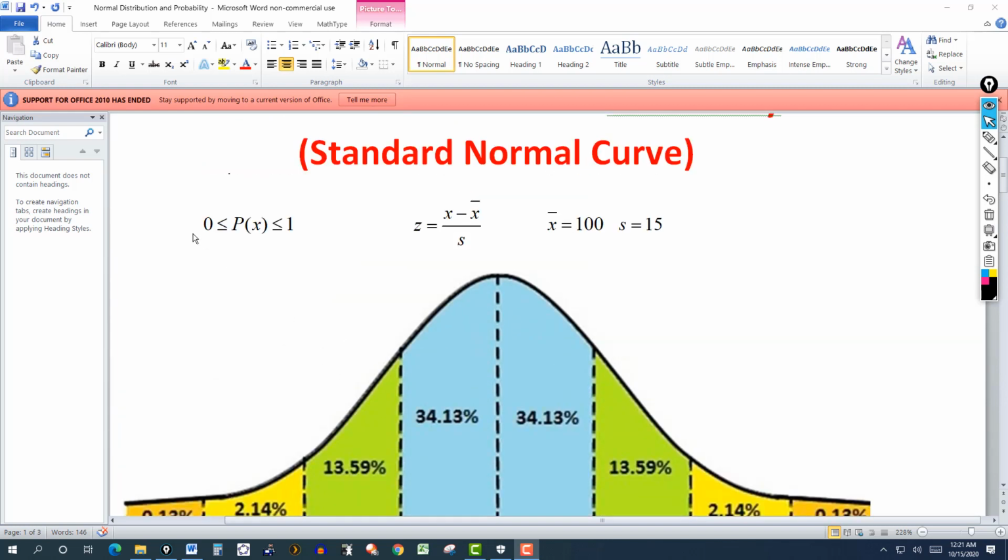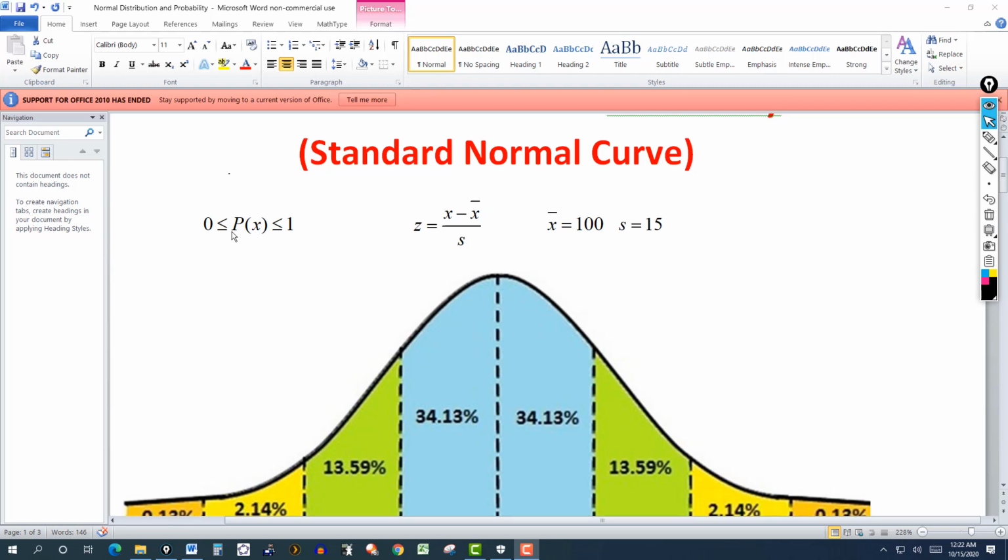So just a little quick reference when we talk about probability: P of x is greater than or equal to 0, less than or equal to 1. So that means the probability is always between 0 and 1, including 0 and including 1. When we say that a certain event has a probability of 0, that means it cannot happen.